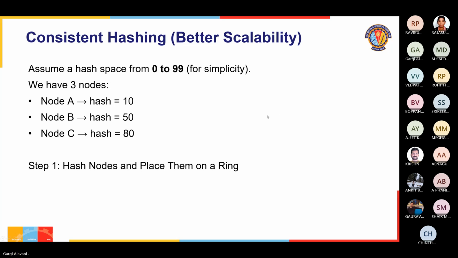So yes, you are right. I had drawn 10 here, so counterclockwise, which will be the first node. So we can have 80 first, then there will be 50, then there will be 10.